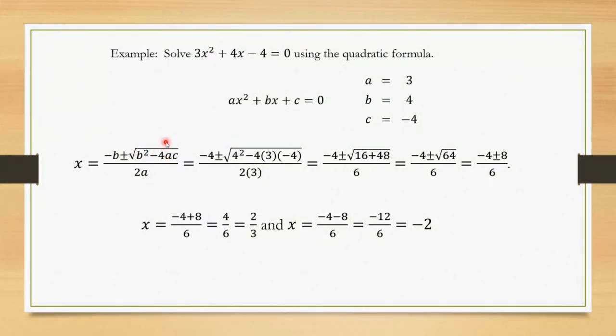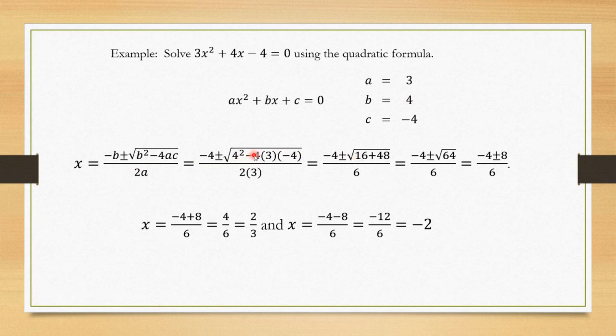So we have minus 4 plus or minus the square root of 4 squared, since b is 4, minus 4 times a, which is 3, times c, which is minus 4, over 2 times a. So in the denominator, we get 6. Here we get negative 4, plus or minus the square root of 4 squared, which is 16.